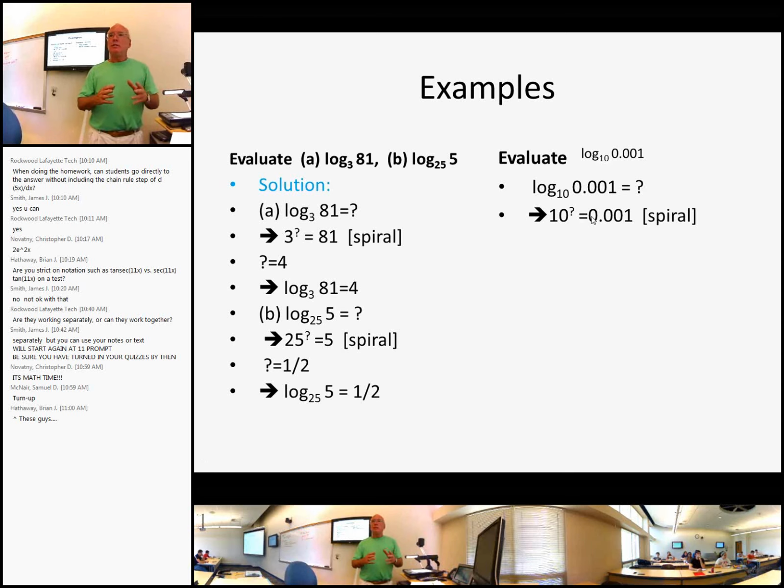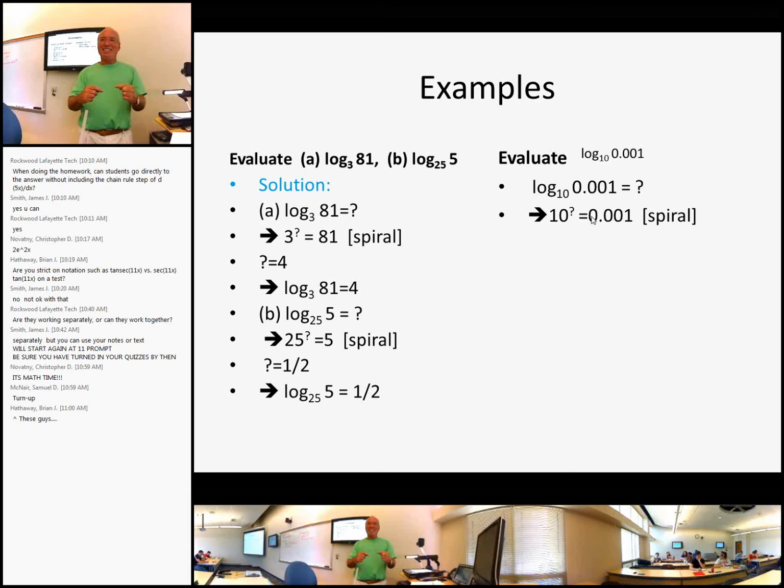Well, let's think it through. 0.001 is 1 over 1,000, right? 1,000 is how many powers of 10? 3. 1,000 is 10 to the third power. So 1 over 1,000 is going to be a -3 exponent for 10.